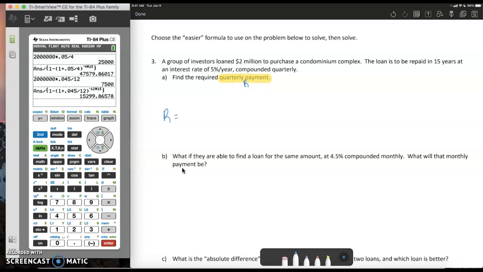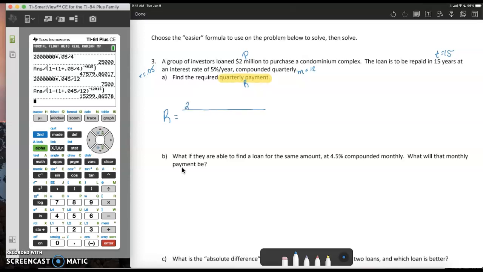So based on that, I'm going to use the amortization or mortgage payment version of this formula. The principal is $2 million, the time is 15 years, the rate is 0.05 for 5%, and our M compounding is 4 times per year. So I'm going to go ahead and set that up.